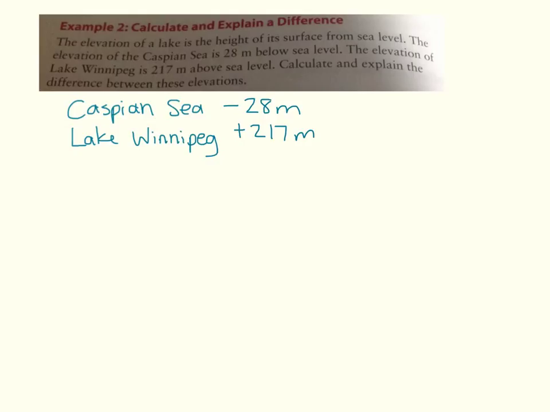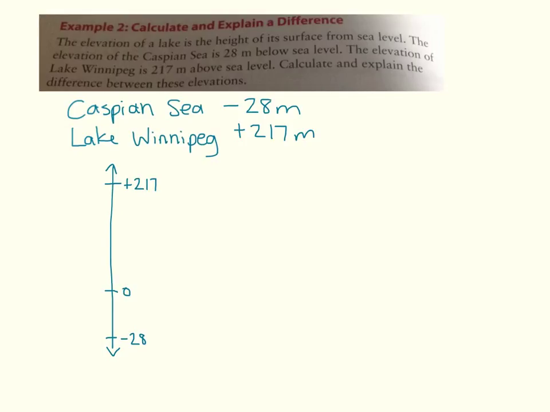Now there's actually 2 different ways that we can look at the difference between the elevations, because we can either start at the Caspian Sea or we can start at Lake Winnipeg. So if we did this on a number line, here's 0. Somewhere down here is negative 28 meters, and somewhere way up here is positive 217 meters.